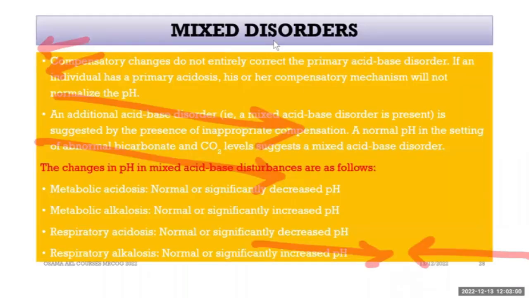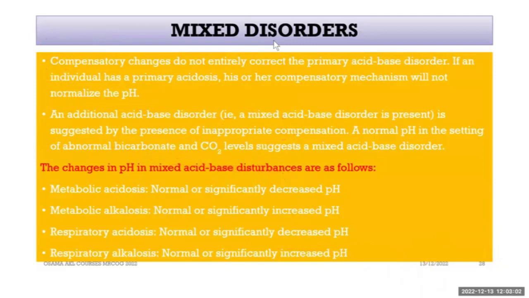Okay, so what are the causes of respiratory acidosis, metabolic acidosis, and others? In mixed, as we said, you will find a problem and the compensation to it. That's why you can find pH compensated or going to be compensated.